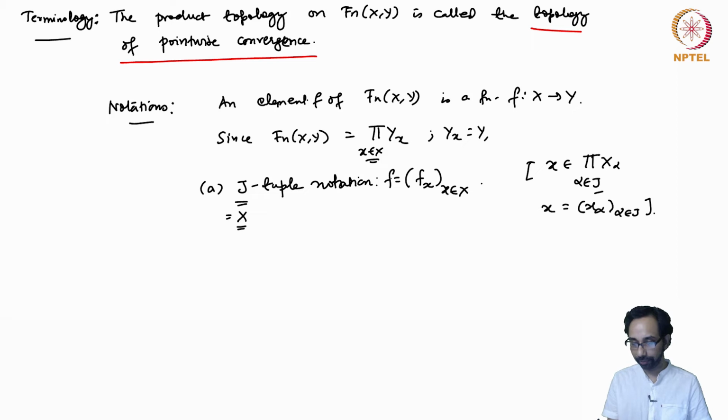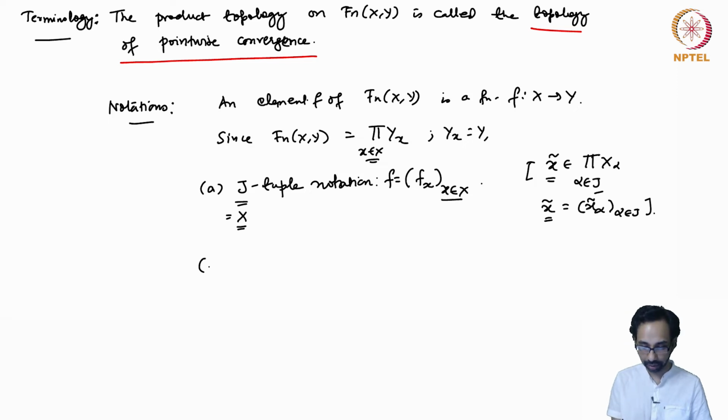Here we are writing, don't get confused with the points here which are denoted by x, and points here which are points in the topological space capital X. They are two different things. So let me maybe write x tilde just to avoid confusion. So here we use the J-tuple notation in this fashion, but notice that these are all functions.